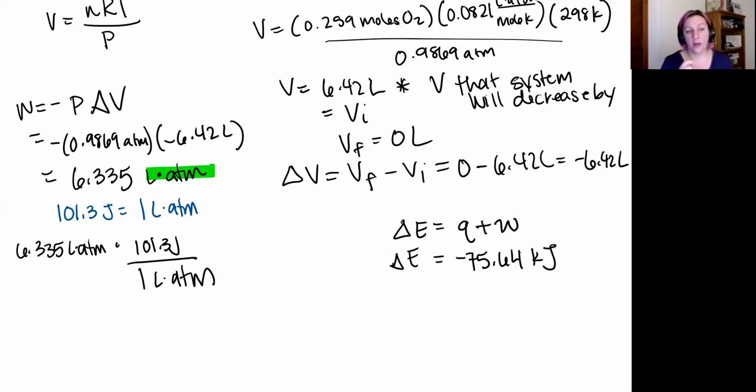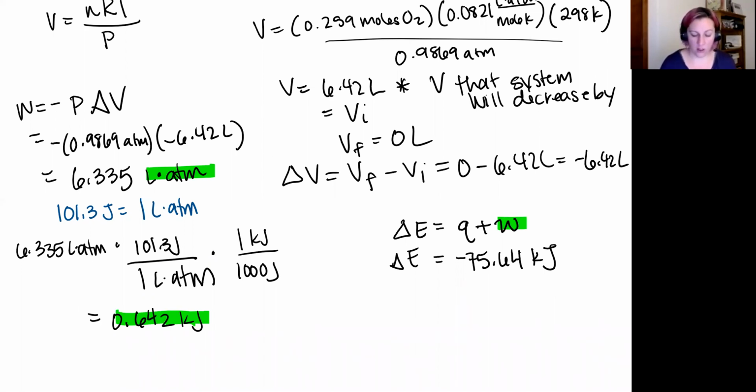And then I'm going to do a joule to kilojoule conversion to make sure my units are the same. So that'll be times 1 kilojoule divided by 1,000 joules. And that'll give me a value that is 0.642 kilojoules.